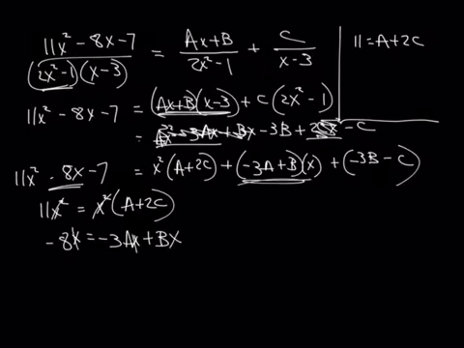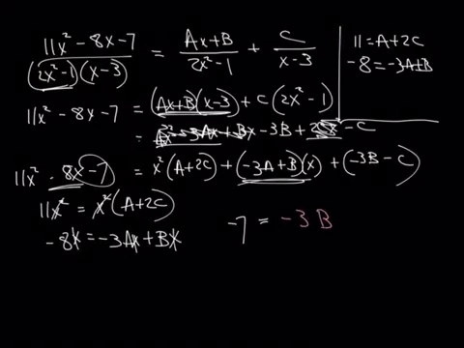And again, we can get rid of our x's, and up here in the upper right, negative 8 equals negative 3a plus b. And then we're going to look at the negative 7. Negative 7 equals whatever we have left, negative 3b minus c. So negative 7 equals negative 3b plus c.